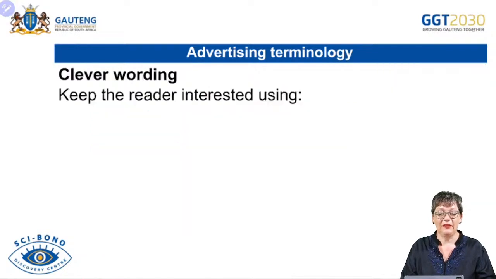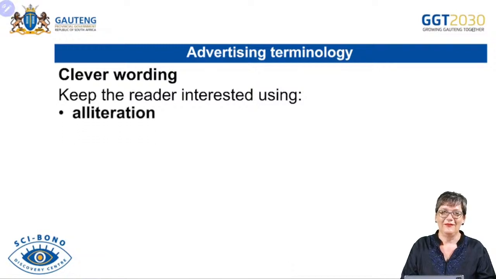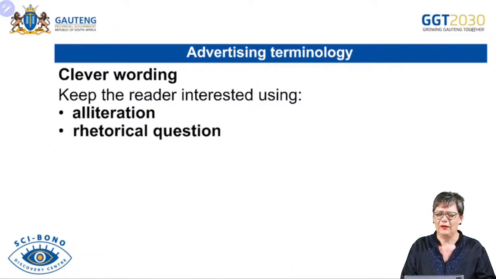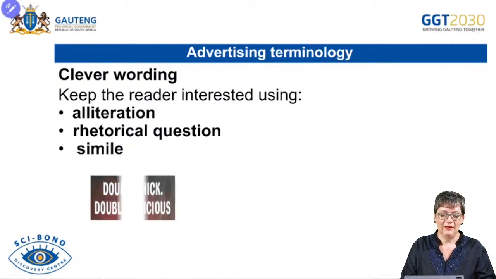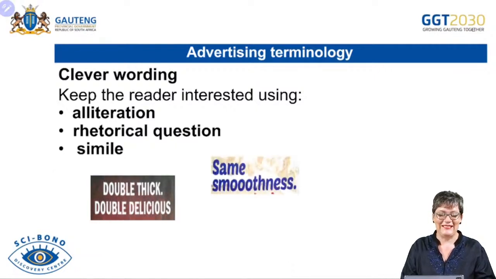Now, another thing that they do is clever wording. They obviously want to keep us interested. And what do they do? They're going to use alliteration or a rhetorical question, the one that doesn't need an answer, or a simile. For instance, we found a few brilliant ones. Look at this: double thick, double delicious. Same smoothness.